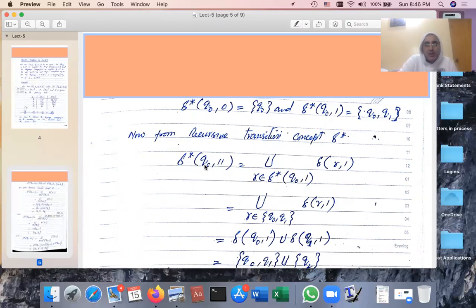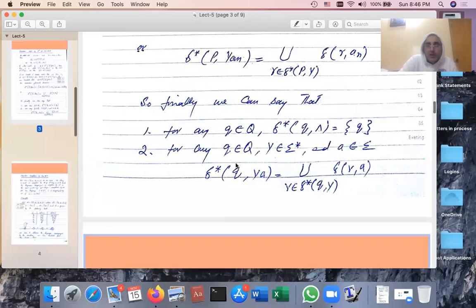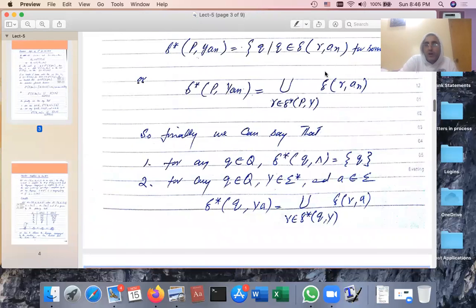So delta star Q0 with 011: initial state and then 11. According to my previous recursive definition, this is R, the previous level, and this is the last symbol. I have to write this as a union over R belonging to delta star, applied to R comma the last symbol.